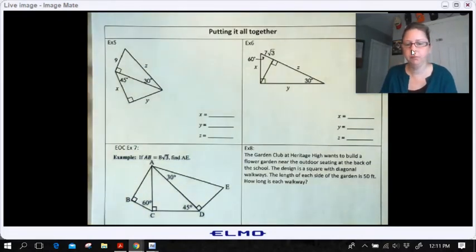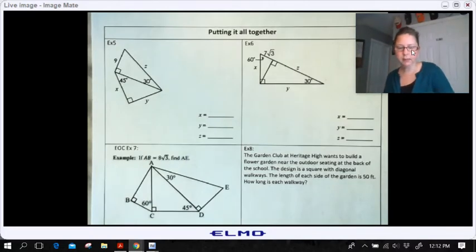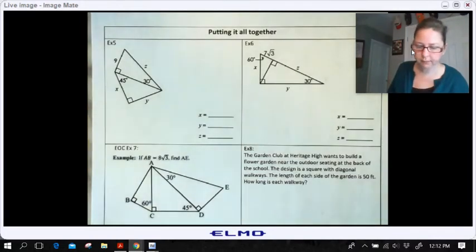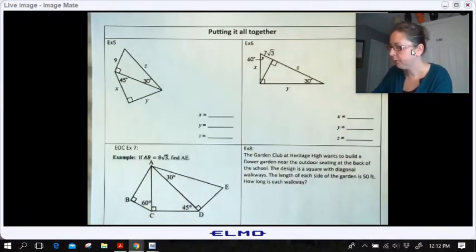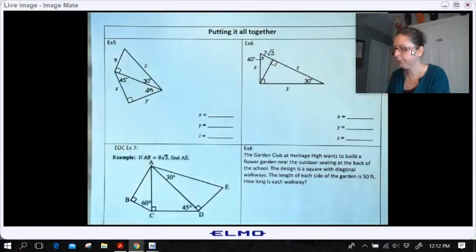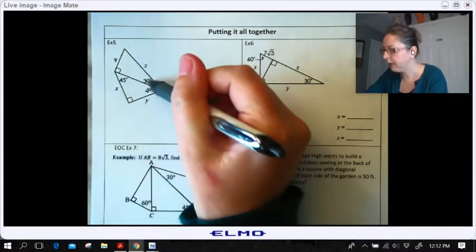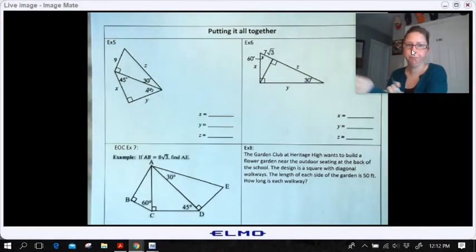So I'm going to flip over to the back side. What I see here is a 45, 45, 90 triangle. And I also see a 30, 60, 90 triangle.